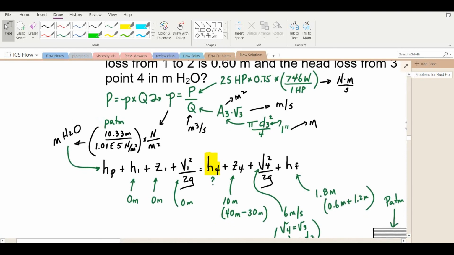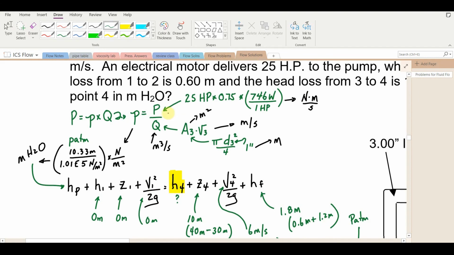We have to calculate this pressure term provided by the pump. The power of a pump is equal to pressure times flow. We want to solve for pressure, which is power over flow. We're given the power is 25 horsepower, and that's the electric motor.